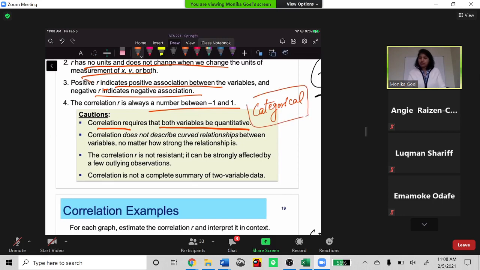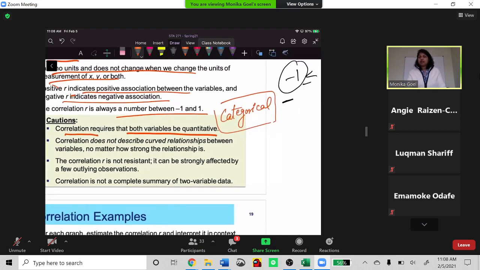So we use something other than correlation to see if there is a relationship between two categorical variables, and we call it two-way tables, which is the next topic once we are done with correlation and regression.